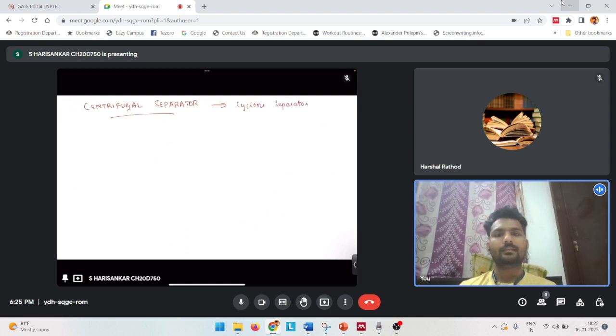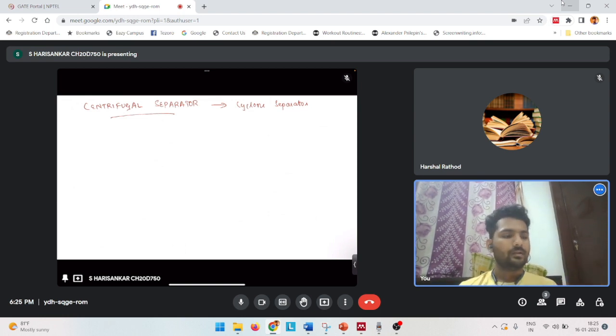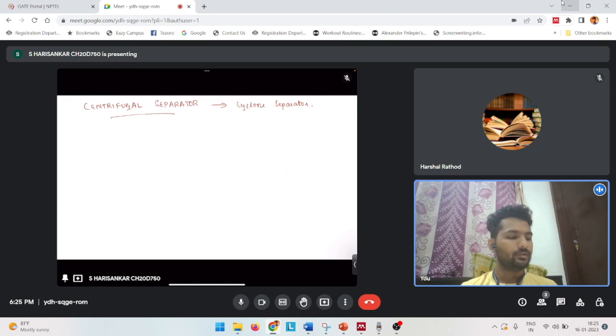These are separators which separate particles by using centrifugal force. And there are even things like a centrifuge to separate two liquids of different densities and so on. But today we'll be looking specifically into the cyclone separator.